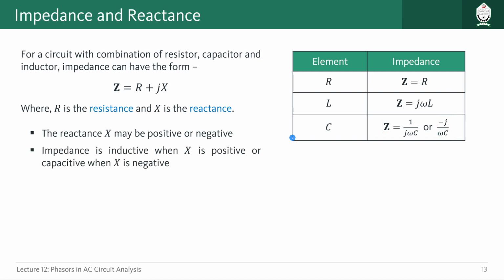Generally, when X is positive, we say that the impedance is inductive, and when X is negative, we say the circuit is capacitive, because the negative value comes from the capacitor and the positive value comes from the inductor. And just like for a resistor, to represent impedance, reactance, anything, we are going to use the same symbol, ohm.